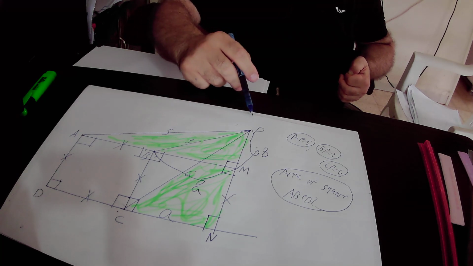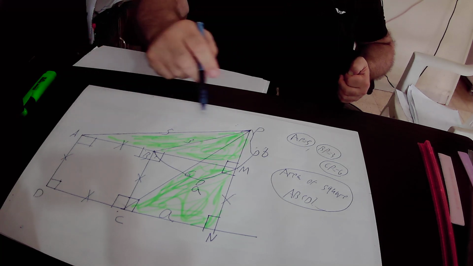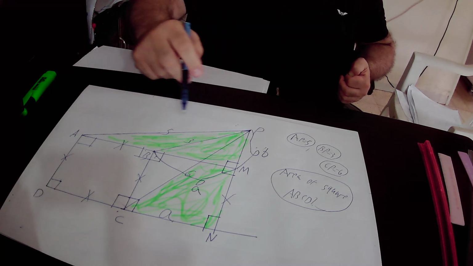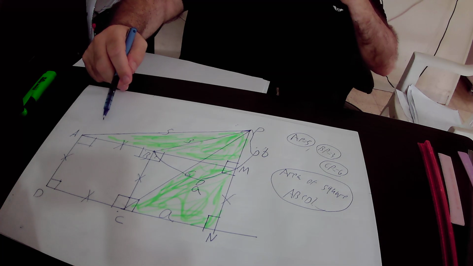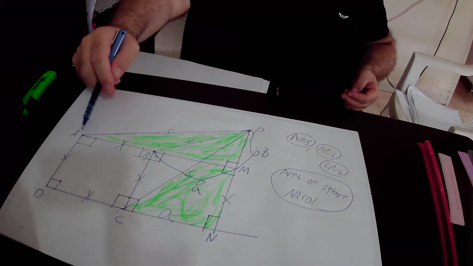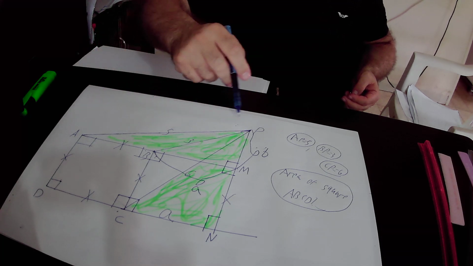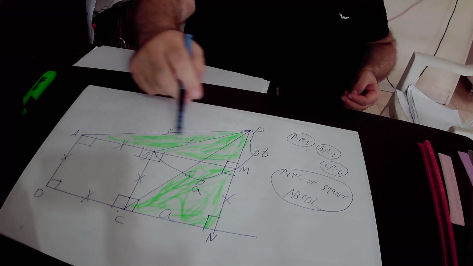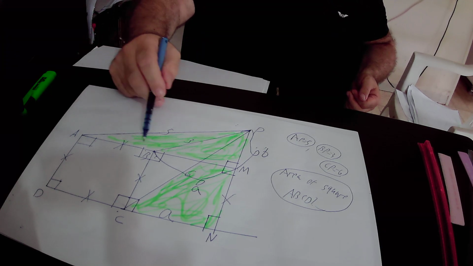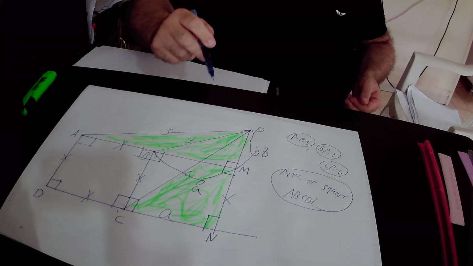That is to say, in the right triangle APM, AP is bigger than AM, so let alone that AP is bigger than AB, that is part of AM.